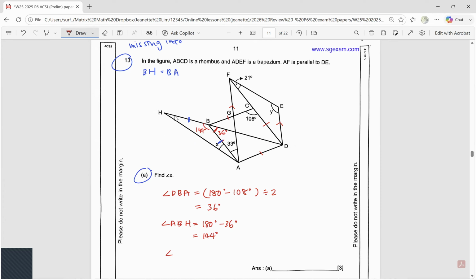Now we find angle x using 180 minus 144, then divide by 2, because it's an isosceles triangle with the information that is missing, okay, which are these two lines. So again, A cannot be solved if you do not know that BH is equals to BA.